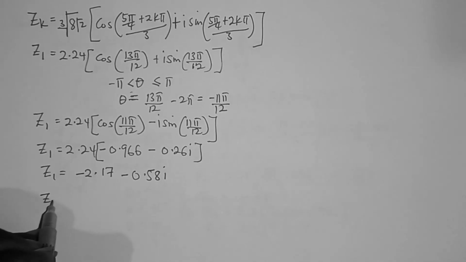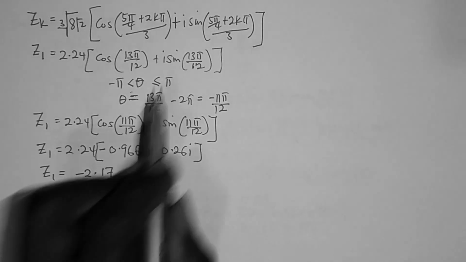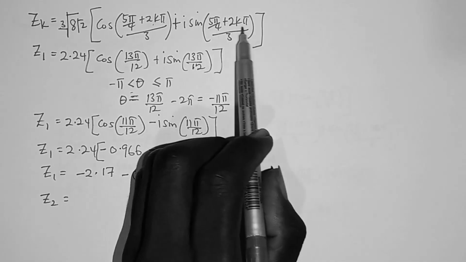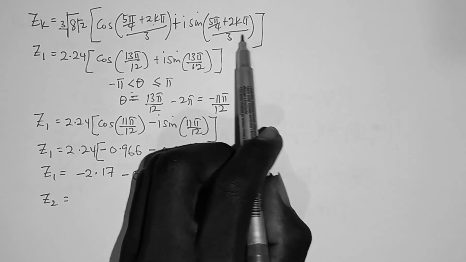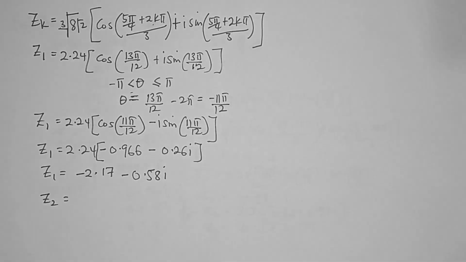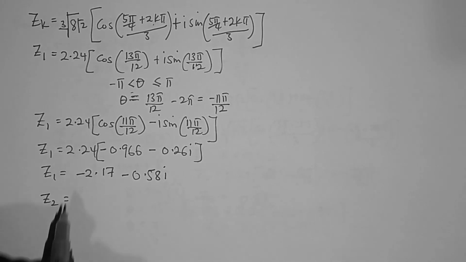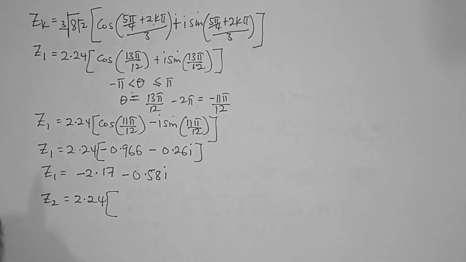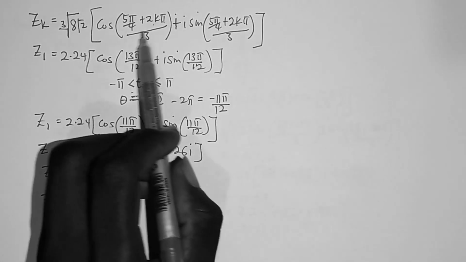Let's look for Z2. Z2 is equal to, so 2 times 2 is 4 pi. 5 pi over 4 plus 4 pi, all divided by 3, will give 21 pi over 12. So Z2 is equal to 2.24 into bracket. Wherever you see k here, you insert 2.